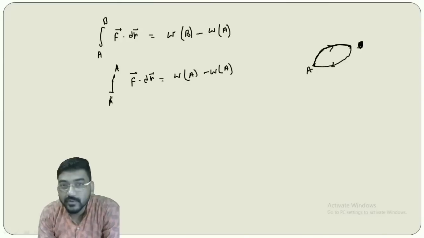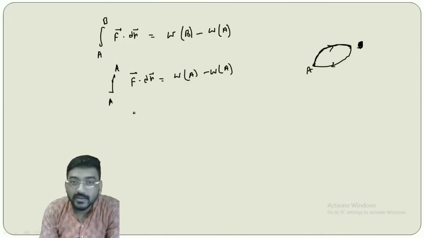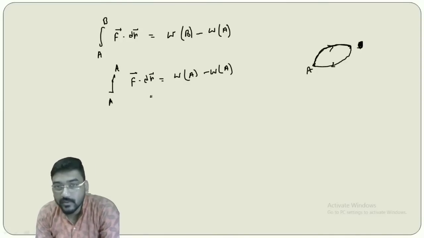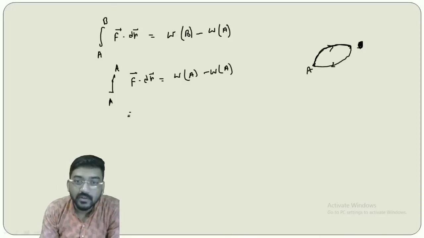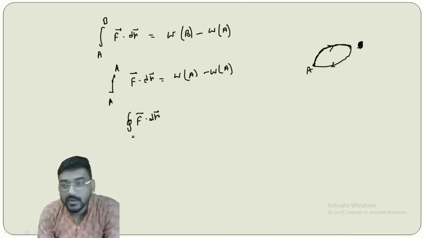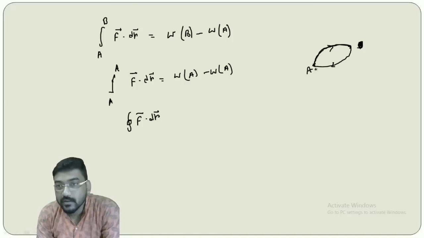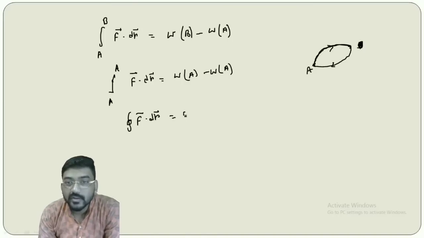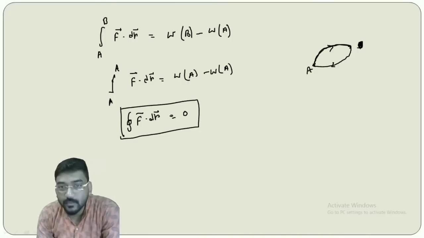In another form, although this notation is not conventional, we can use the closed integral of f dot dr. This is the work done along a closed path, and that will obviously be 0 because w at a minus w at a is 0. So this is also one of the properties of path independence, or of a conservative force.